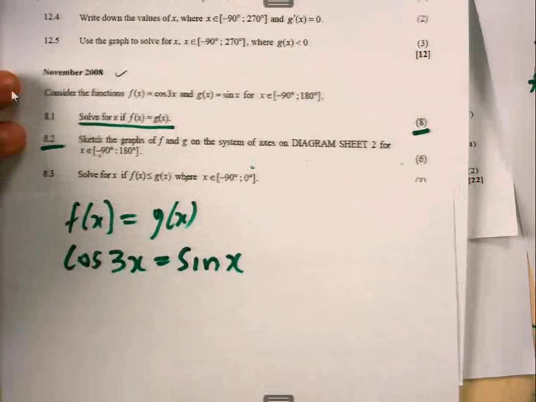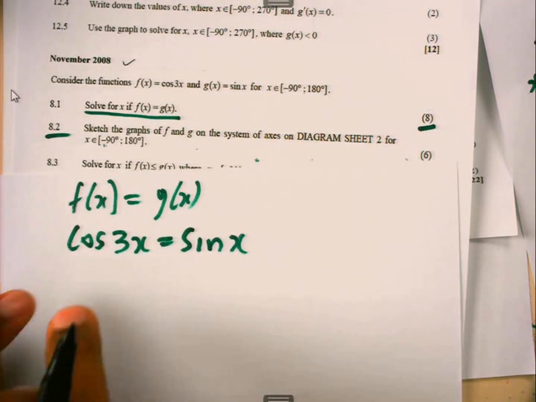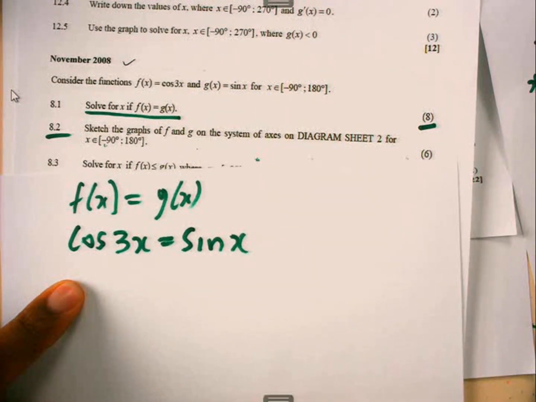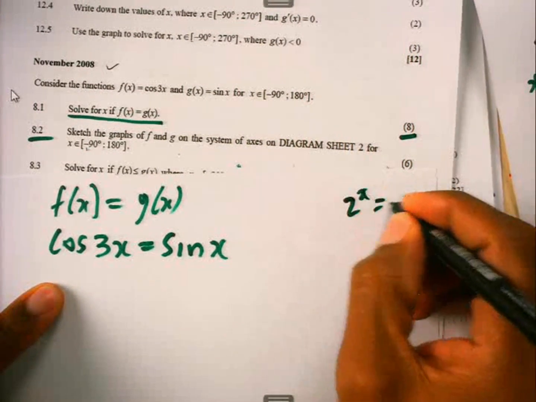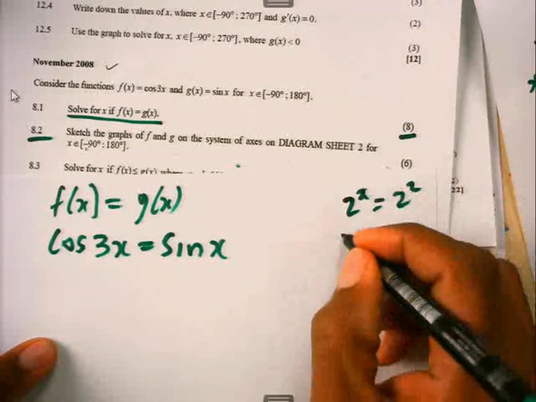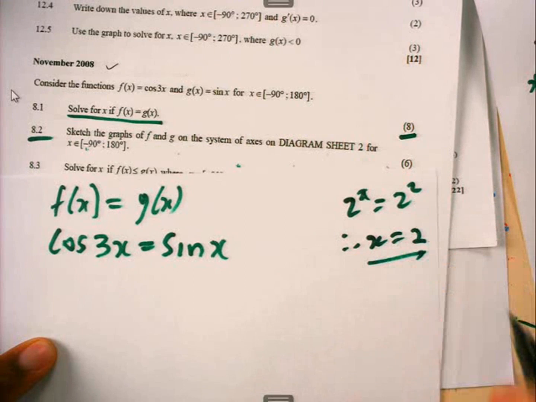Good. Now, from here, remember on the previous examples that we did, we said make sure that everything that you are working with is either in terms of sine or in terms of cos, right? What is it that you're going to do on this one? You have cos 3x is equal to sine x. You remember when you are solving the exponential equations, when you have 2 to the power of x equals 2 squared, you say, okay, if the bases are the same, we then equate the exponents to say, therefore, x is equal to 2.